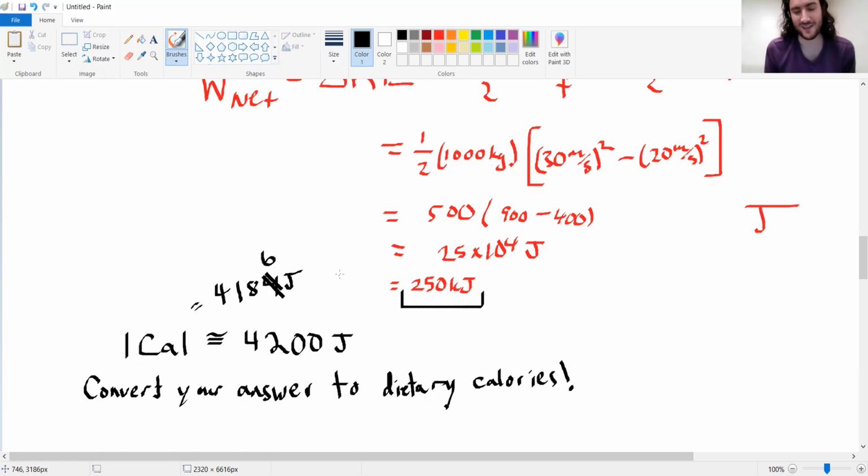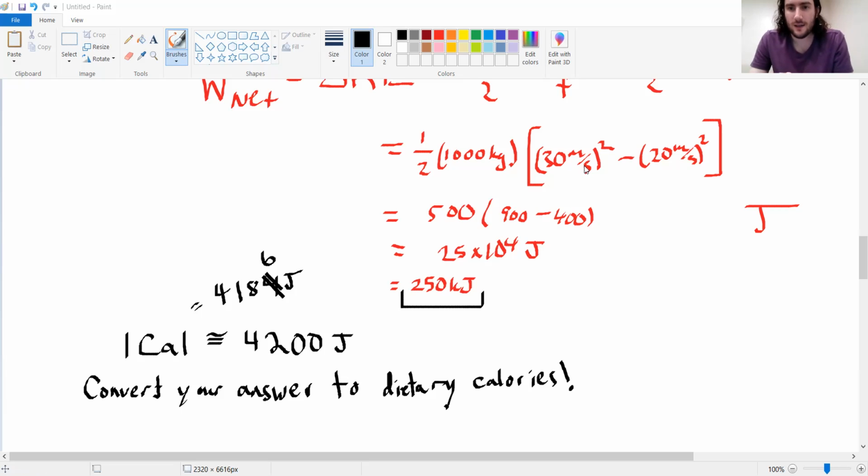I always find it interesting that it's always either a 4 or a 6 in the last digit, but never anything else. You can always just round it off to 4,200, which is what I remember mostly: 4,200 joules per dietary calorie. Go ahead and punch your answer into the chat once you get that to compare with everyone else.